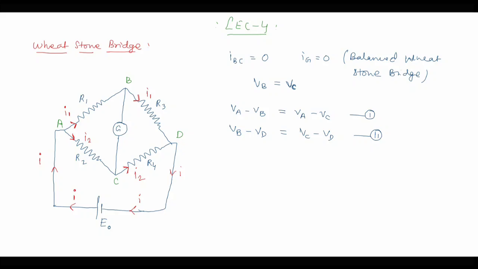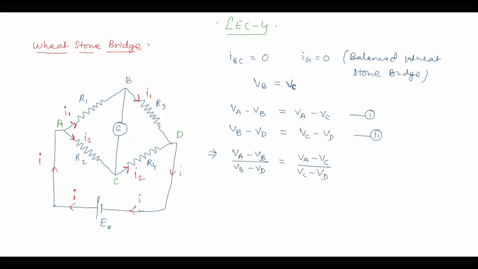If I divide these two equations, we obtain VA minus VB upon VB minus VD equal to VA minus VC upon VC minus VD.